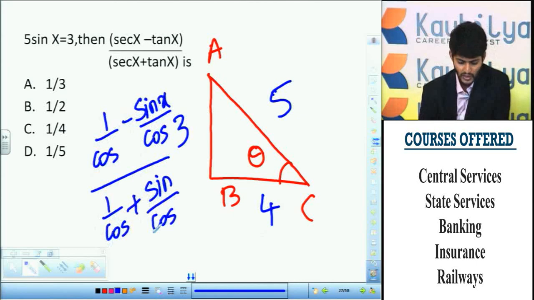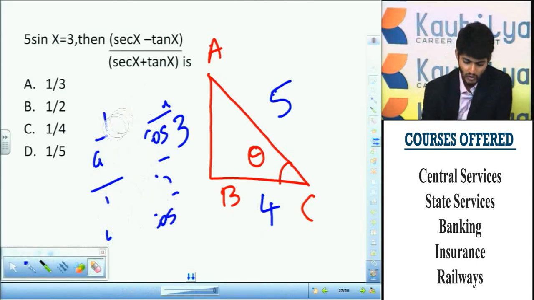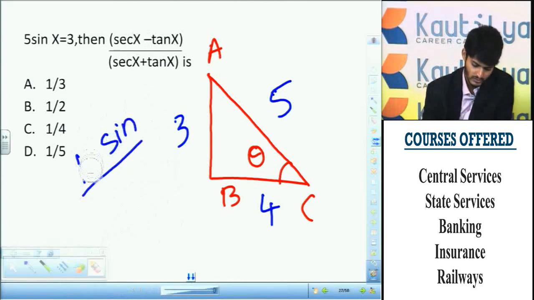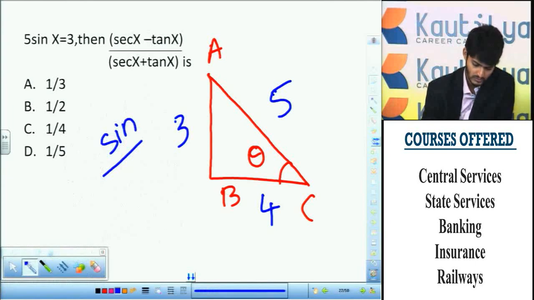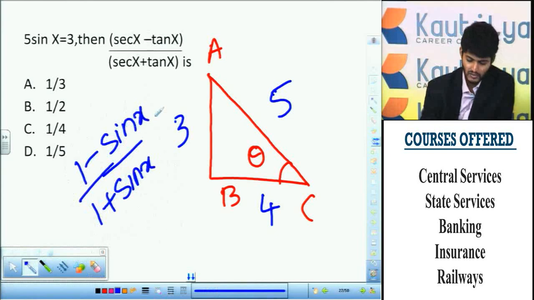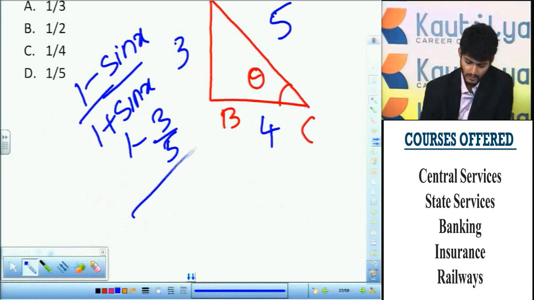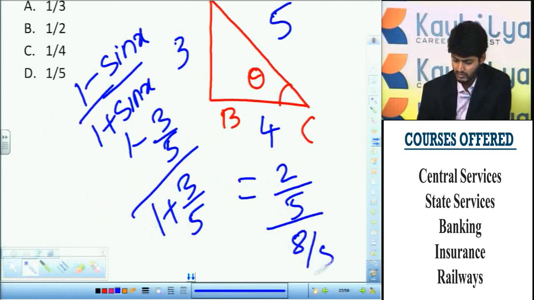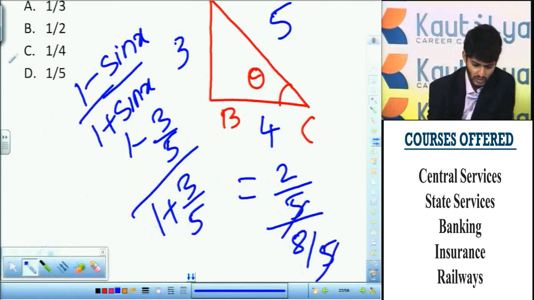So finally, after doing all this, you will get 1 minus sin by 1 plus sin. So you already have sin value as 3 by 5, 1 minus 3 by 5 by 1 plus 3 by 5. 1 minus 3 by 5 will be 2 by 5 and 8 by 5, 2 by 8, which will give you 1 by 4.